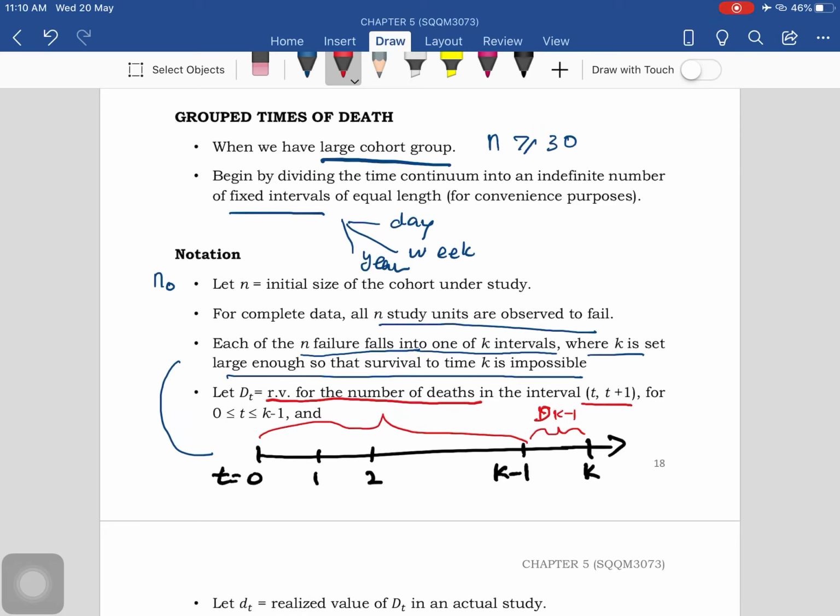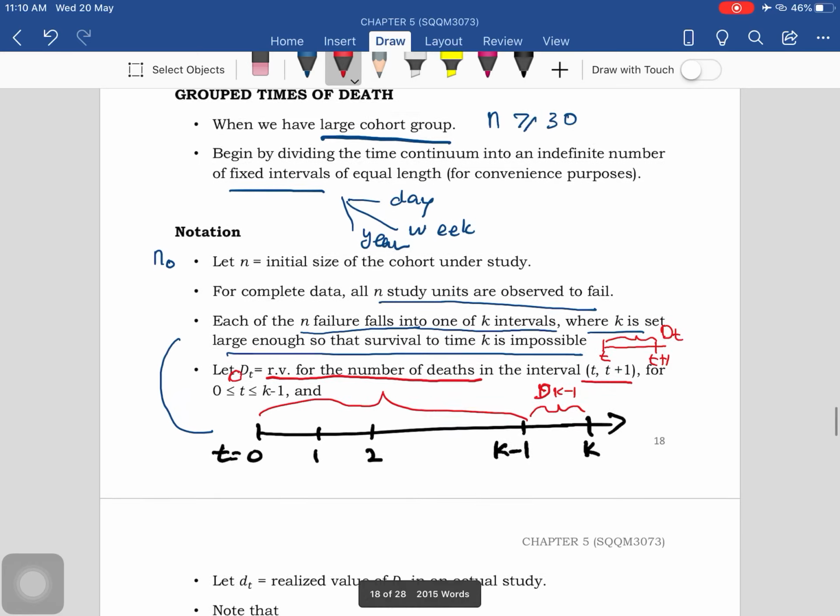So from t to t plus 1, it's one interval for dt. Because there is no number at the back here, we assume it as only one interval.